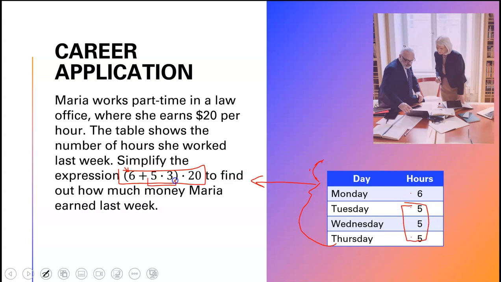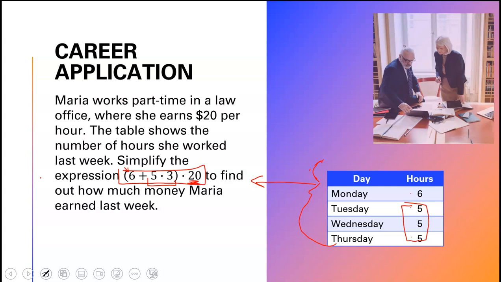Hence, the 5 times 3. For each hour Maria works, she gets $20. So we'll add all of the hours, which is expressed in the parentheses here, and multiply by 20.